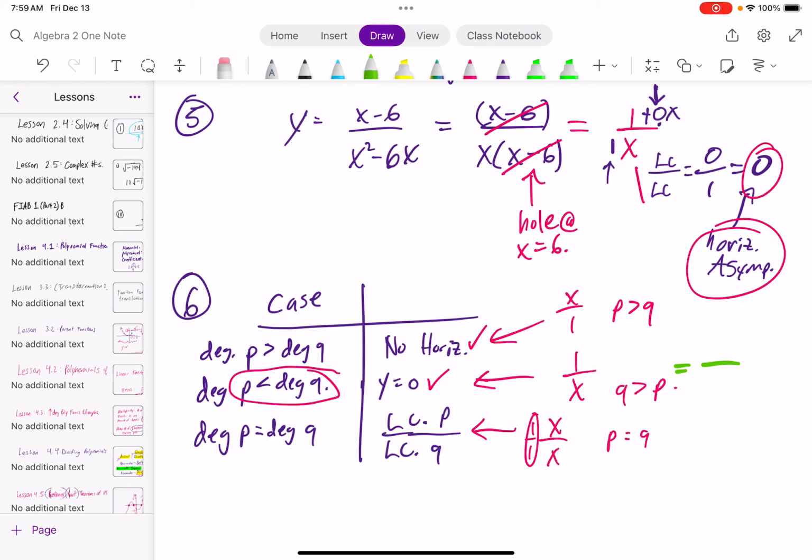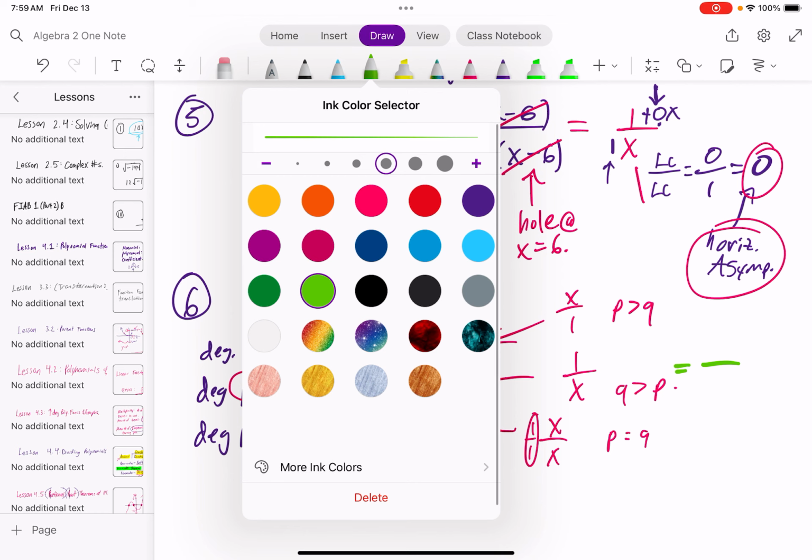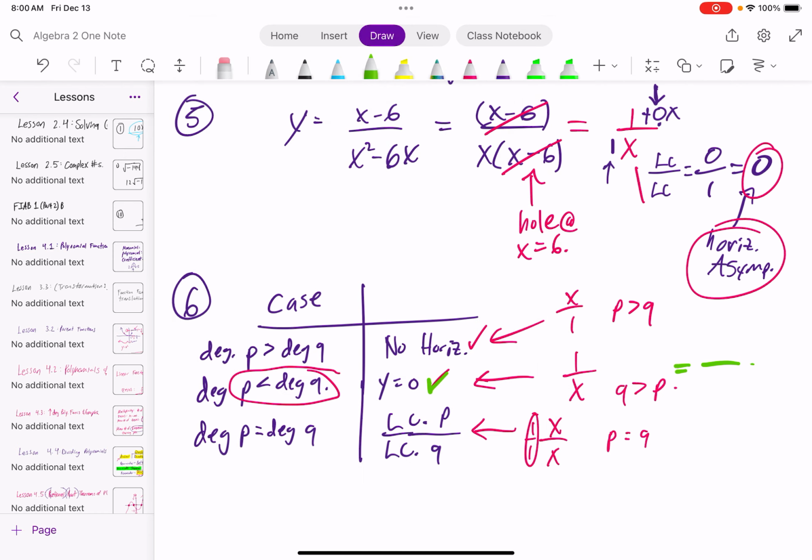Would I still get y is 0? Let's see. If I did 0x plus 1 over 1x, what is 0 over 1? That is 0. So that works. What about this one?